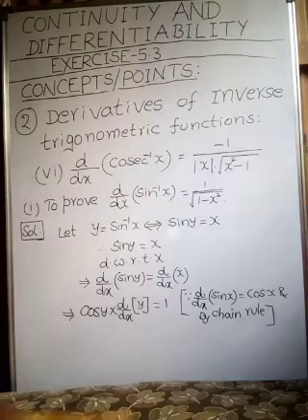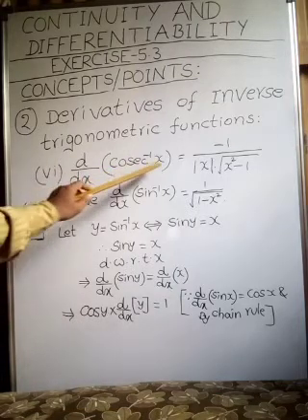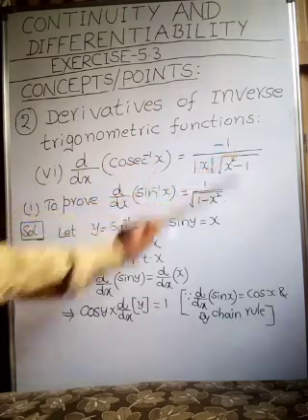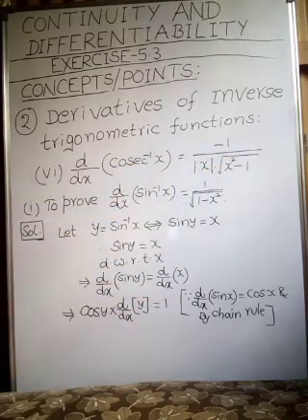I repeat the formula. D by dx of cosecant inverse x is equal to minus 1 by mod x into root of x square minus 1. Remember these formulas. Memorize these formulas well, my dear children.